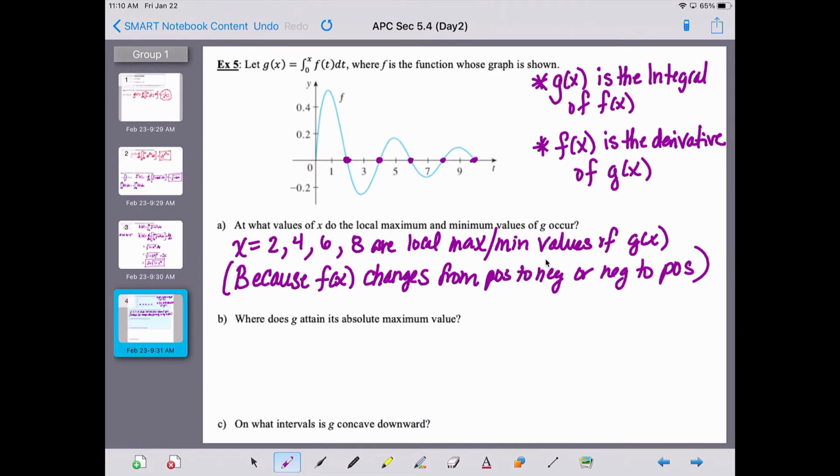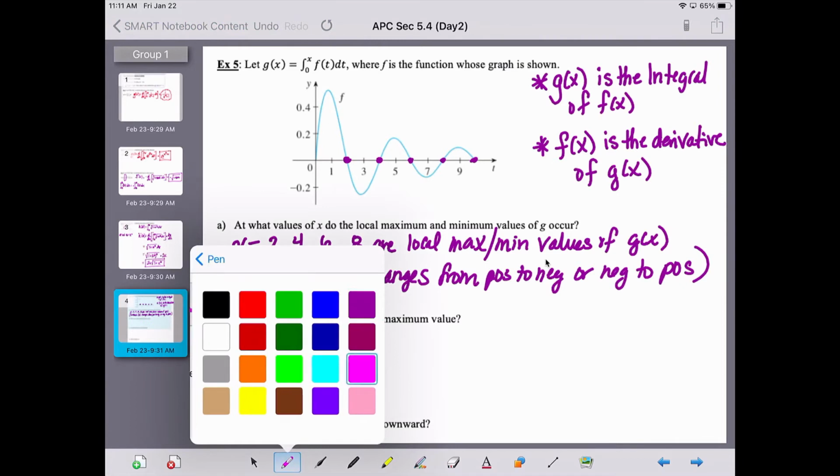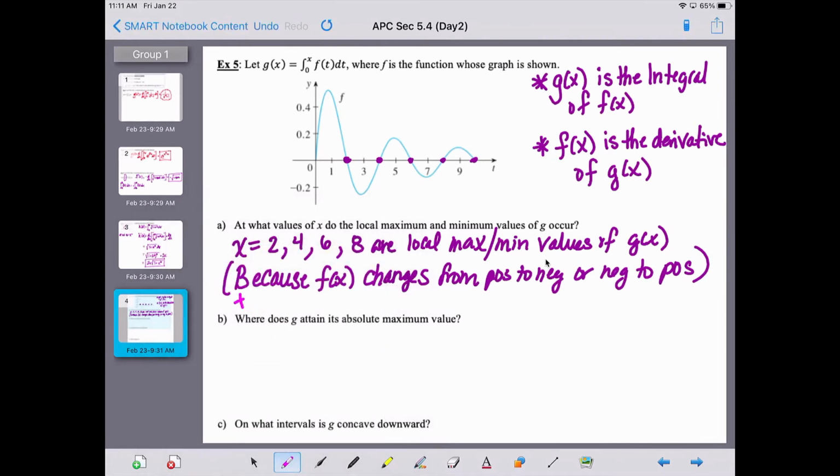Okay, and you may be wondering right now, why did I not include x equals 0 and x equals 10? Okay, well, again, this goes back to our definition of local maxes and mins. So let's see if I can squeeze this in here.